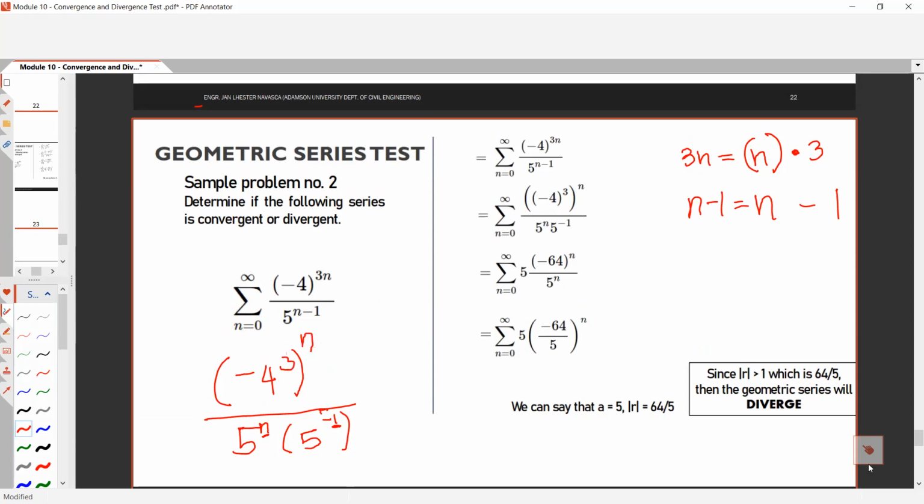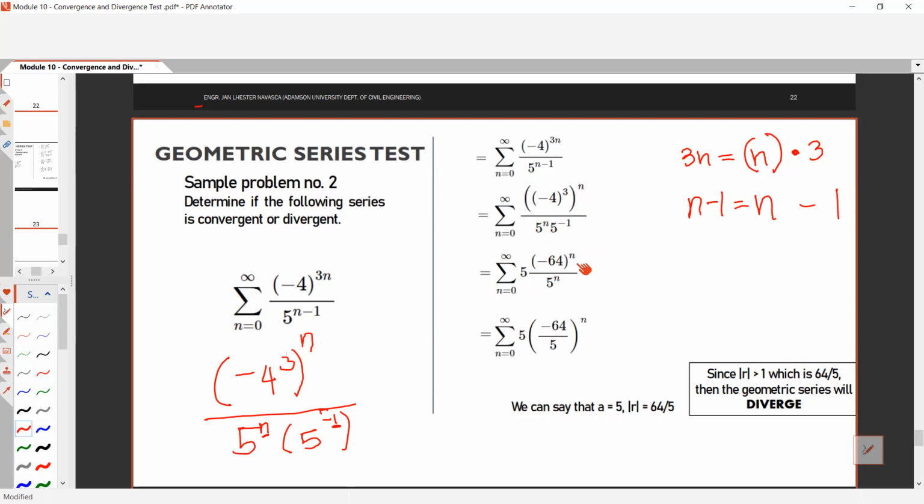So negative 4 raised to 3 multiplied by n, divided by 5 raised to n multiplied by 5 raised to negative 1. You can remove the 5 raised to negative 1, that is 1/5, so 1 over 1/5 becomes 5. Negative 4 raised to 3 is negative 64. So negative 64 raised to n over 5 raised to n.